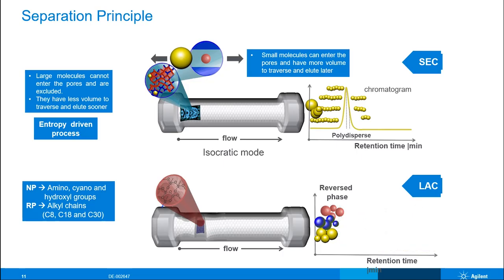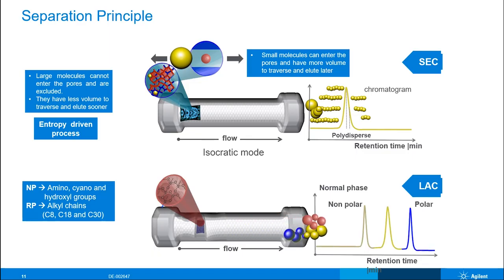We can also separate in what we call the normal phase, in which we would have the exact opposite happen, where nonpolar molecules are the first off of the column, and things that are more polar are eluting later. And what this gives us is what we would call an enthalpy-driven interaction. This really highlights the difference in mechanisms between SEC and the other HPLC type separations.